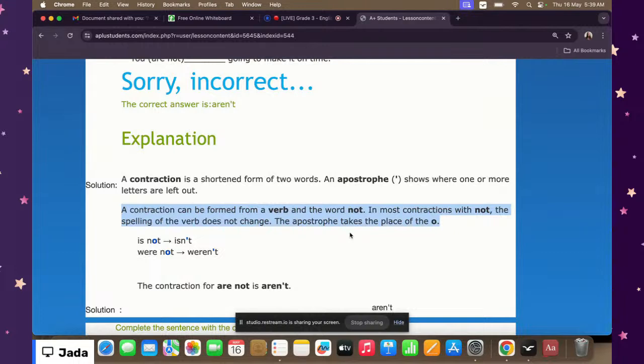The apostrophe takes the place of the O. You have the same spelling of the verb, just like "should," "are not." It doesn't change, it just takes the place of the O in not. So we have, you guys wrote some here.